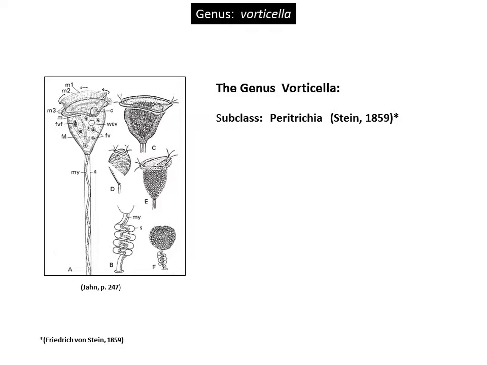Vorticella is placed in the subclass Peritrichia, as described by Stein in 1859, in the order Sessilidae, as described by Kahl in 1933, and it resides in the family Vorticellidae.